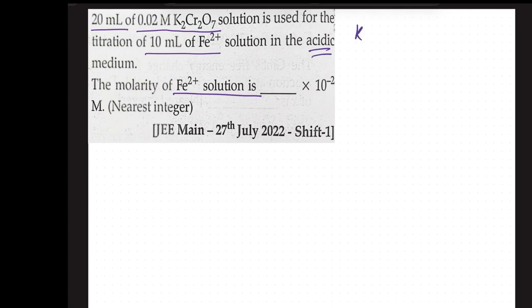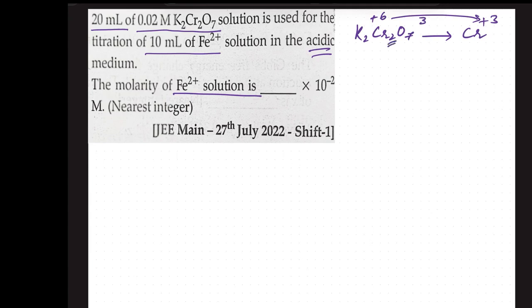In acidic medium, this K2Cr2O7, each chromium atom has oxidation state of +6 and it is reduced to +3 oxidation state. So change in oxidation state for each chromium atom is 3, and in one molecule of K2Cr2O7 there are 2 chromium atoms.